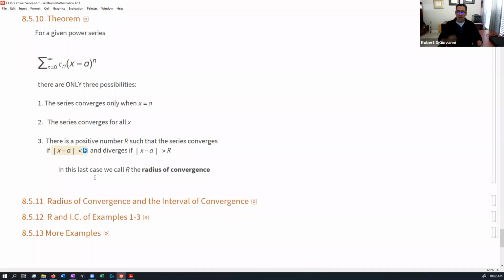That's it, three possibilities: single point, interval, everything. You can't have two intervals that are separated from one another. This theorem says it has to be one of those.